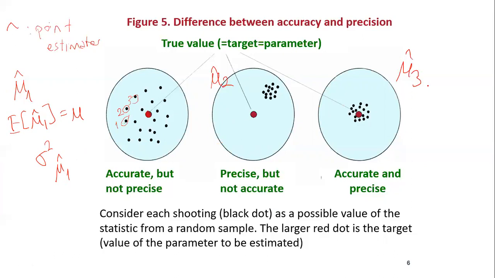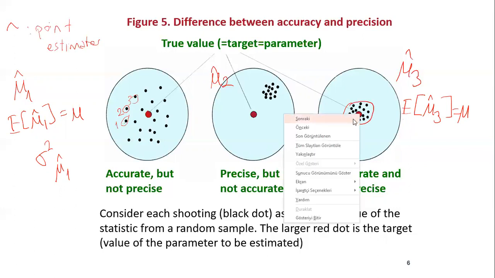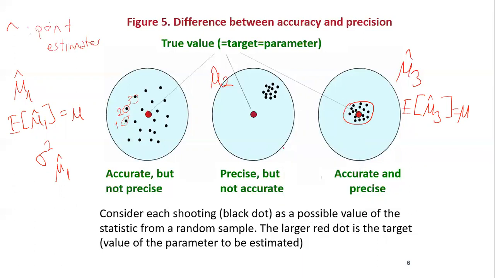So let's go to mu3 hat, right? The expected value of mu3 hat is, again, equal to mu itself, because as you see, if you take the average of these shots, the average is just this red dot, okay? So the expected value of this estimator is equal to mu.